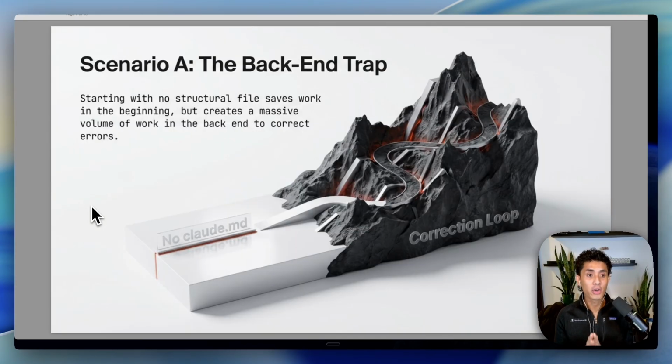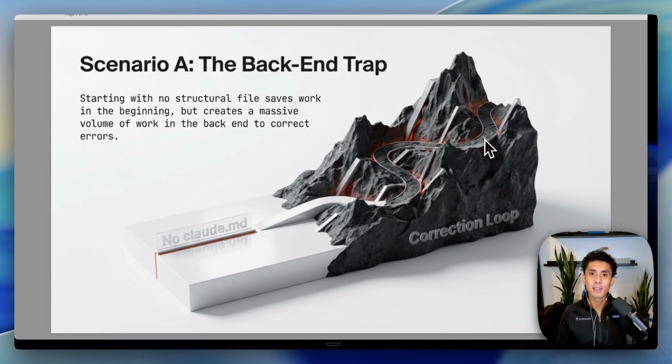Let's imagine scenario A, where we start with no Claude.md file. So we just jump into prompting Claude Code. Well, in the beginning, honestly, it's going to be super smooth because we don't have any work to do. But then once we actually have to start correcting the output that Claude Code gave us, it's going to be hell. And this is such a great way to visualize it, just thinking about this backend trap that gets created.